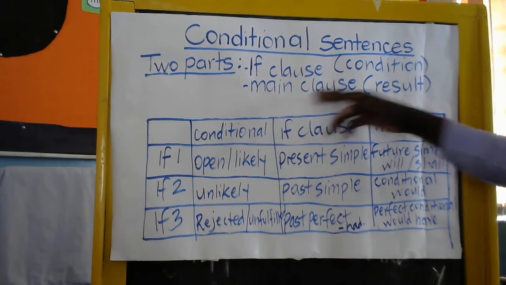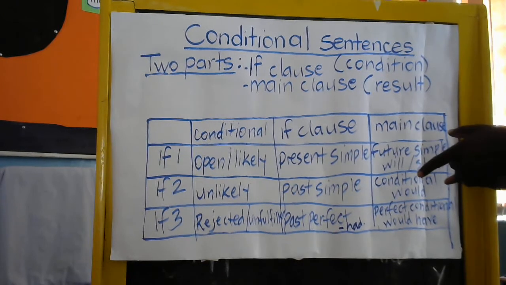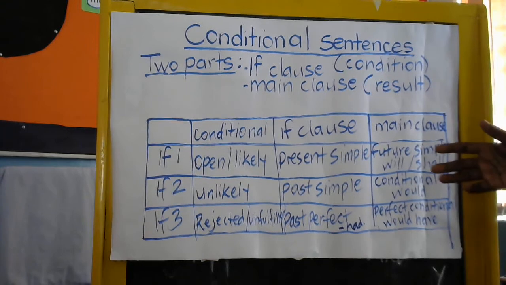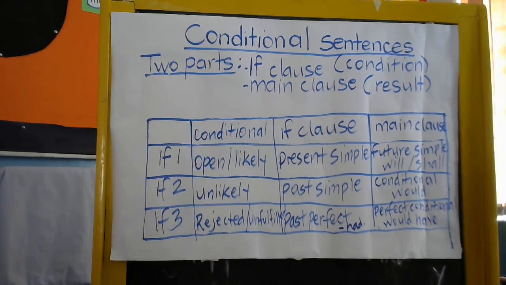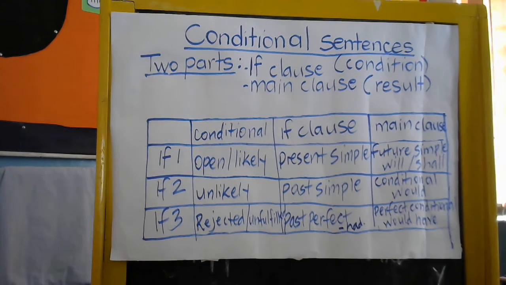We also talked about the main clause, where we said the main clause has the result that comes out after the condition has been fulfilled. Down here we have the different changes that occur when we are talking about if conditional sentences.